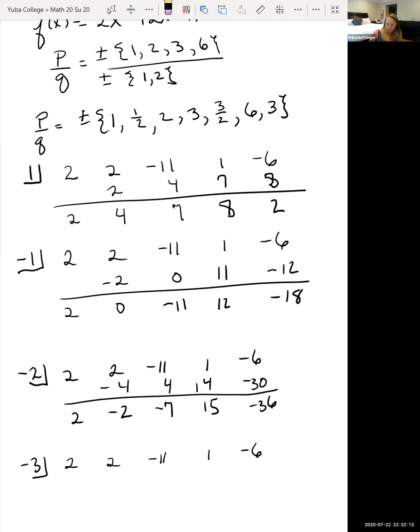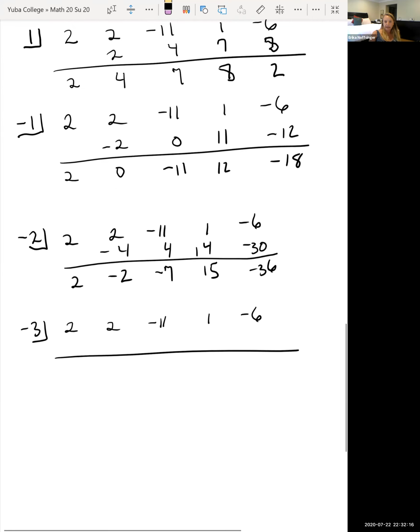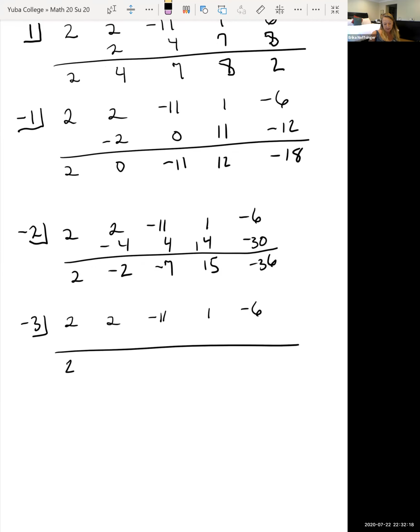So let's bring down the 2. Negative 3 times 2 is negative 6. 2 minus 6 is negative 4. Negative 3 times negative 4 is 12. Negative 11 plus 12 is 1. Negative 3 times 1 is negative 3. 1 minus 3 is negative 2. Negative 3 times negative 2 is 6. And we get 0. Yay!